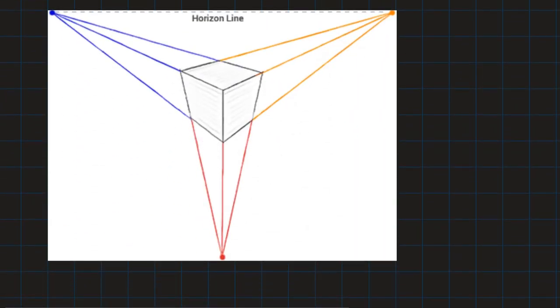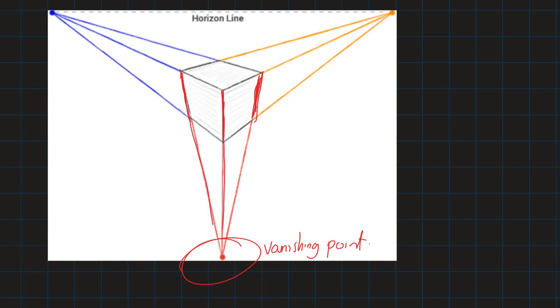This is a cube. This cube has a bunch of parallel lines, like these red lines here, which in real life are parallel. If you want to know how to draw them with linear perspective, you look at the vanishing point, and you know that each one of these lines has the same vanishing point. So you connect them up to the vanishing point. Then you have a similar story with the blue lines.